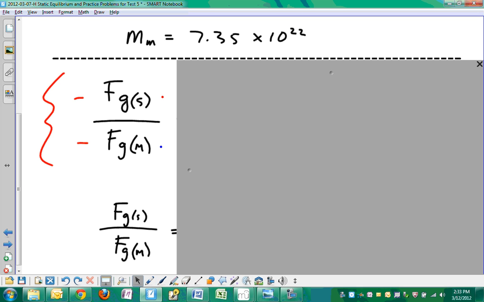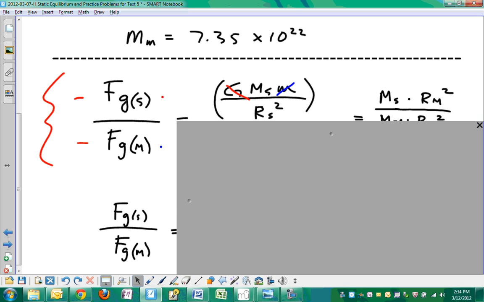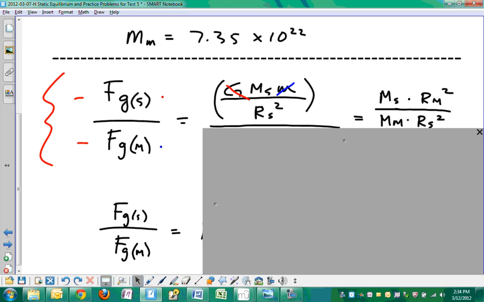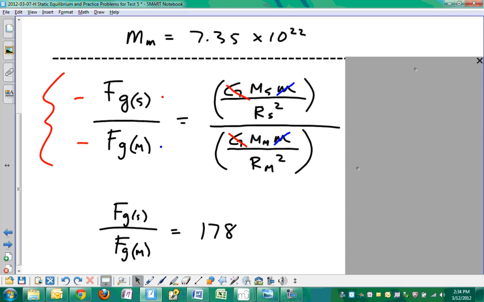In other words, a way of saying it is that the force exerted by the sun is going to be this ratio times greater than that exerted by the moon. Okay? So all we've got to do is put in our expression for the force exerted on the individual by the sun. Okay, so here it is.